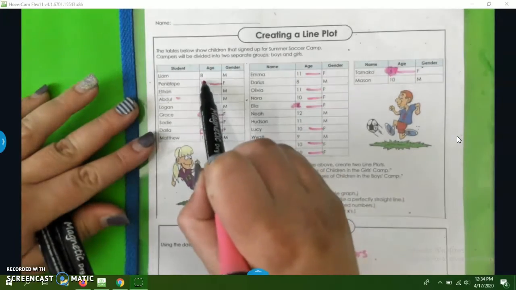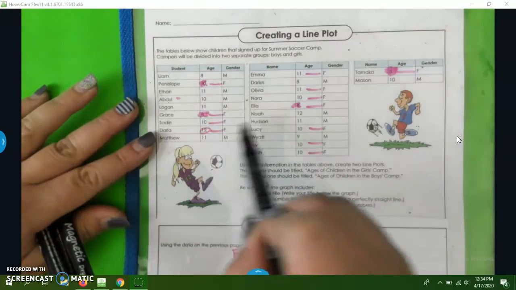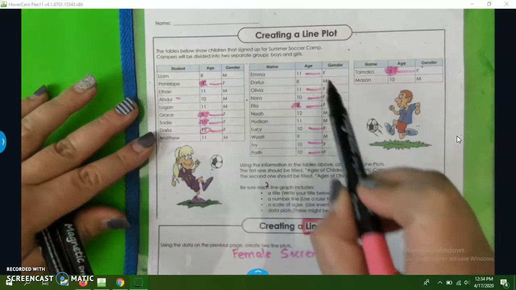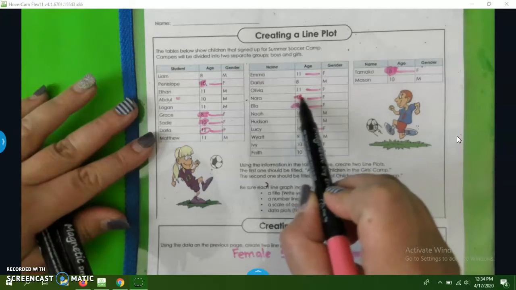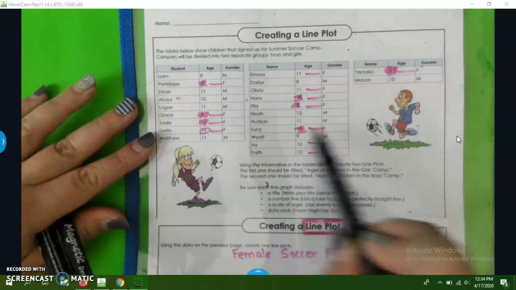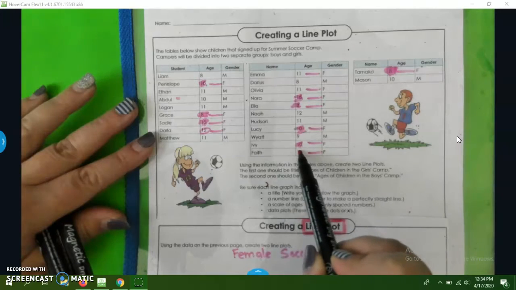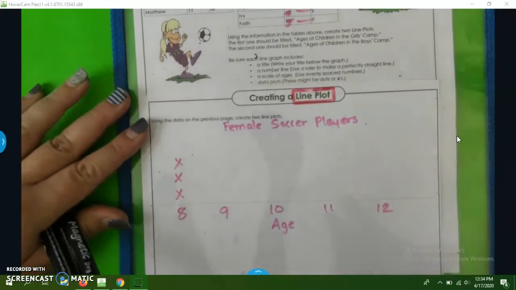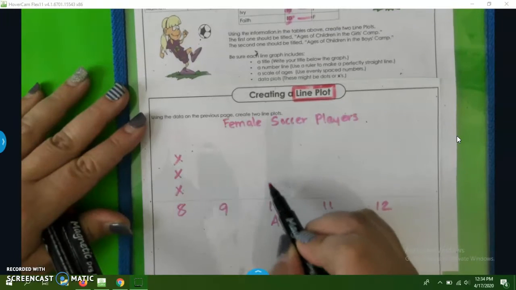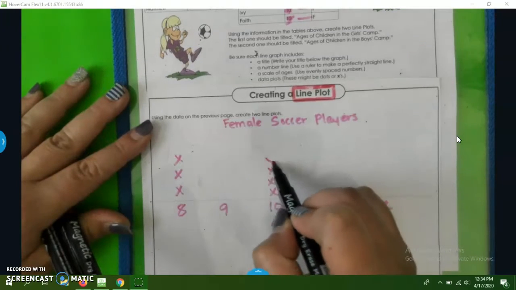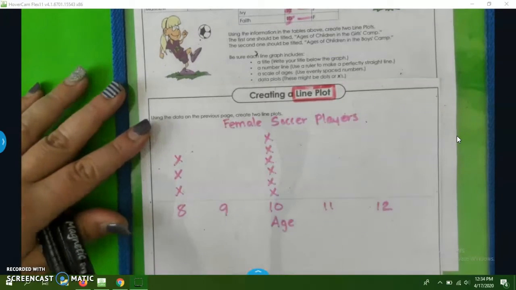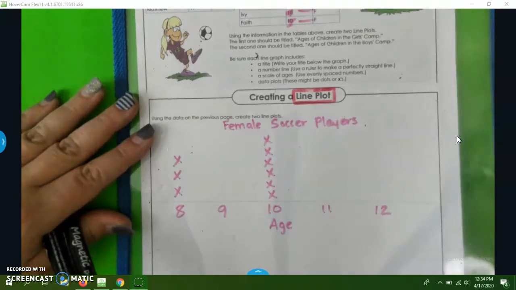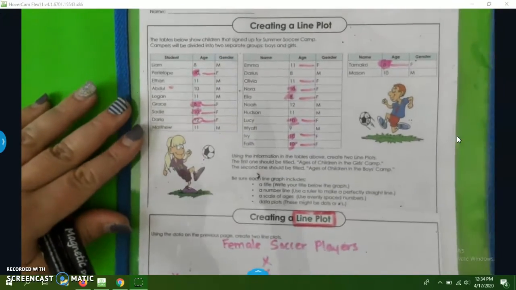Then we'll go to our 10-year-olds, and we have 1, 2, 3, 4, 5, 6 females. So we're going to go to our 10, and we're going to do 1, 2, 3, 4, 5, 6 X's to represent 6 players that are 10 years old. Now we have our 11-year-olds.